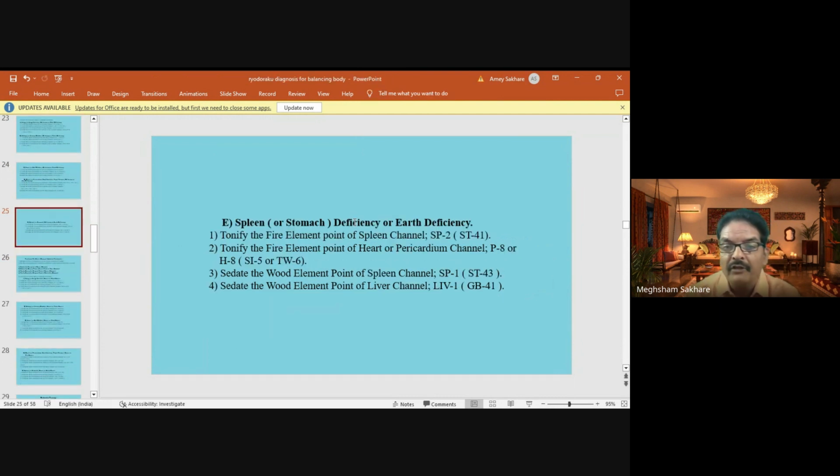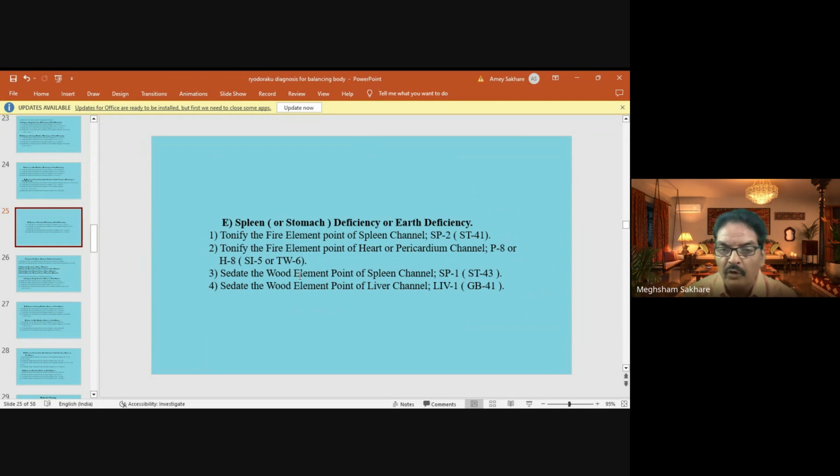Then spleen or stomach deficiency, that is earth deficiency. So earth is deficient, tonify the fire element point of spleen channel. That is tonify mother element. Tonify fire element point of the heart, pericardium channel or small intestine or triple warmer channel.